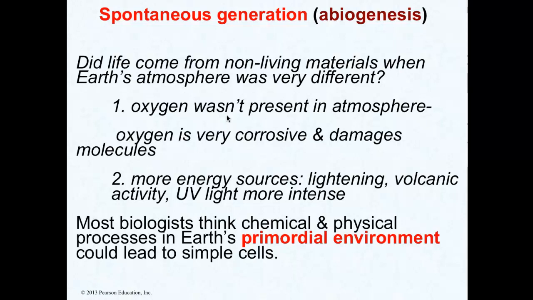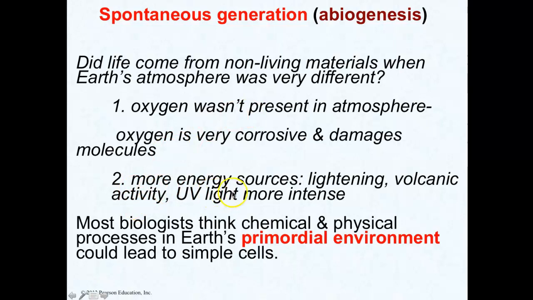A lot of our vitamins act as antioxidants because when you breathe oxygen, it does cause some kind of damage to the inside of your cells. Sometimes it damages DNA. And so the vitamins called antioxidants will actually help clean up that damage. So oxygen is a little bit nasty, but it wasn't around in the atmosphere, right? So it's not damaging in those early times because oxygen wasn't there.